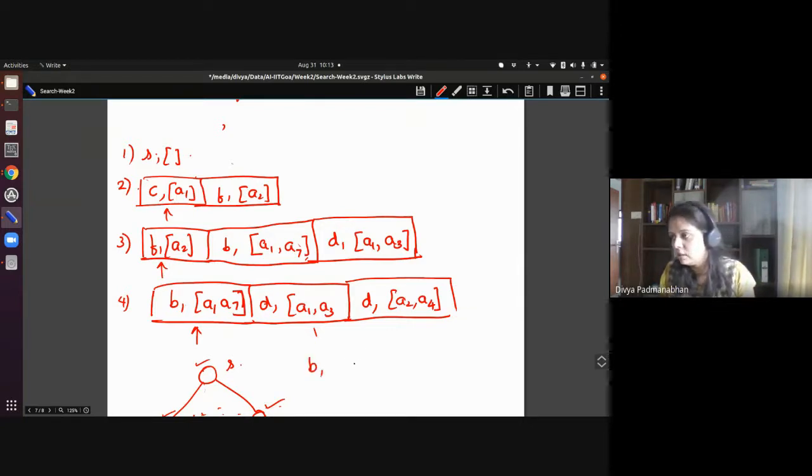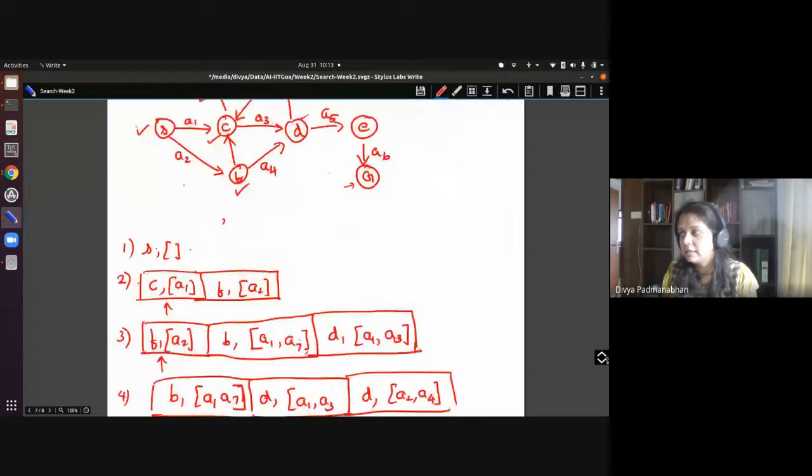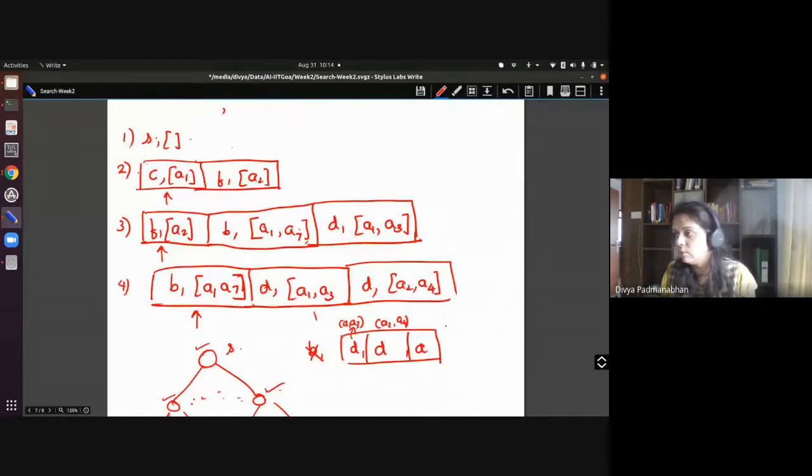So B, D, D. Now B is coming out, and what you're going to have is A. So these are the 3 states. For this D, the sequence of actions is A1, A3. For the other, it's A2, A4. And for A, you now have A1, A7, A8.